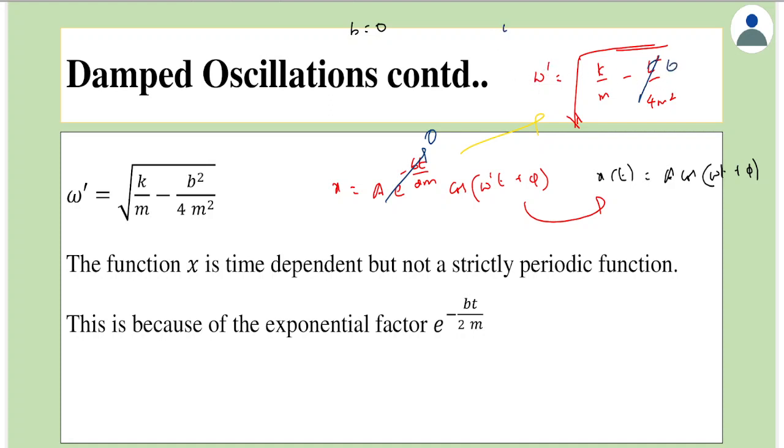In that case, omega prime becomes the same as omega naught, which means this expression of x for damped oscillation will give us the same value of x for a free oscillation when you put b equal to 0. So you can think that the free oscillation is a subcase of a damped oscillation. You can think that way also. This is what we get in case of a damped oscillation.